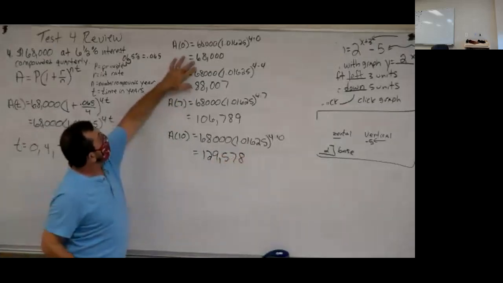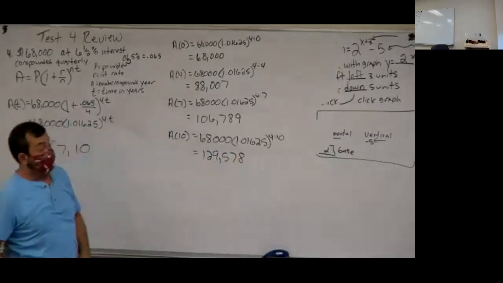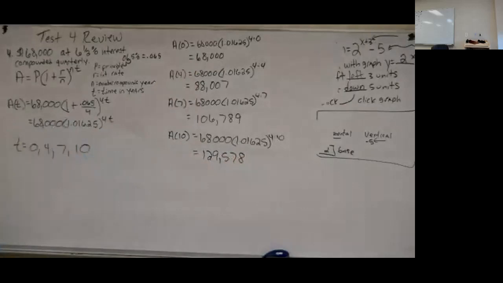So if you started with 68,000, in 10 years you doubled your money pretty much. Okay. So that's just what they wanted you to see, that formula, where you get these exponential type numbers.